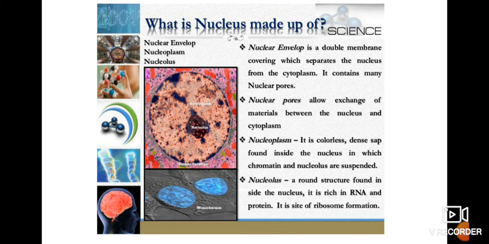Within the nuclear membrane, you are going to find very small pores. Pores means holes. They are called nuclear pores. The nuclear pores allow the exchange of materials between the nucleus and the cytoplasm. Within the nuclear membrane, there is a colorless fluid-like material known as nucleoplasm.